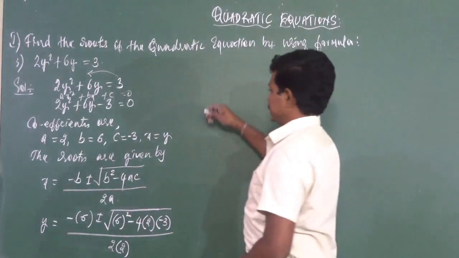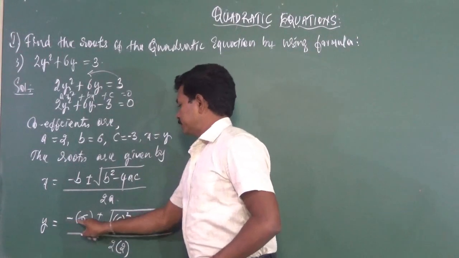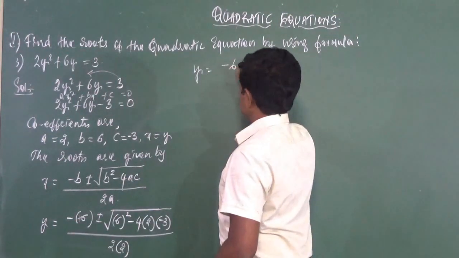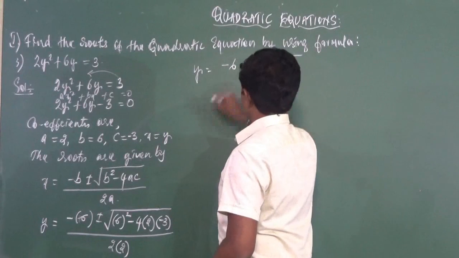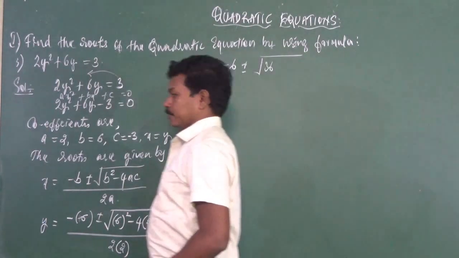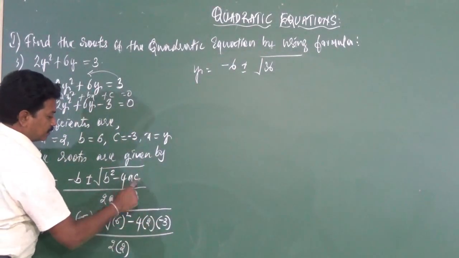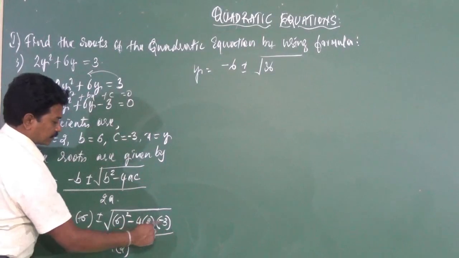Right? So y is equal to, inside the brackets we have minus 6 plus or minus square root of 6 square, which is 36. Now be careful, because in the formula we have minus, and for a particular term, that is C, we have minus. So multiply the signs first.